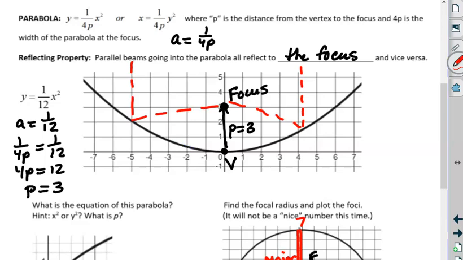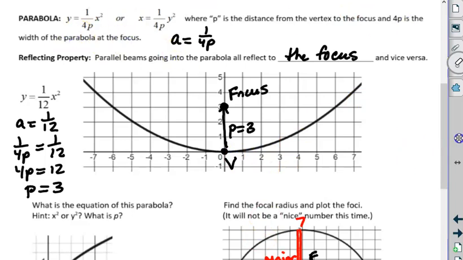And I'm going to erase those just because I need to draw some other things on here, but I just wanted to remind you of that reflecting property that we just looked at. Okay, so the other piece that it says is 4p is the width of the parabola at the focus.